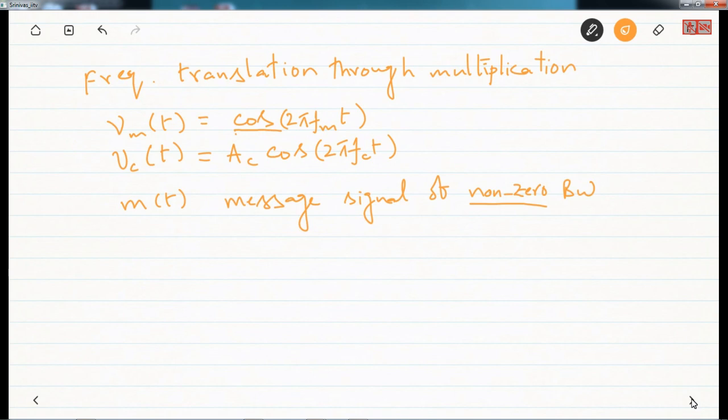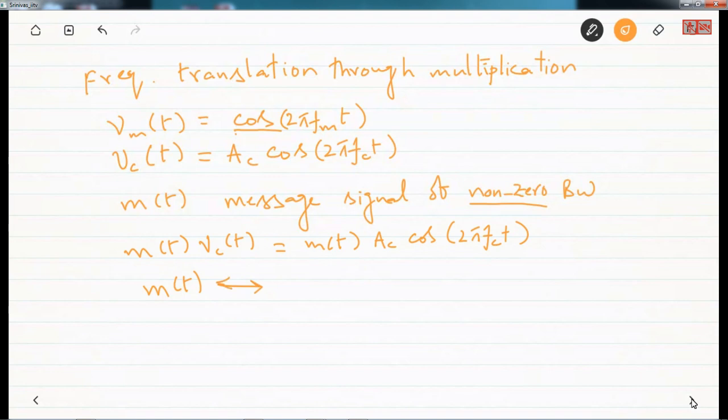So we considered a message signal of finite bandwidth, and we showed that m of t multiplied by Vc of t, which is equal to m of t Ac cos 2 pi fc t, resulted in, through Fourier transforms, we proved this.